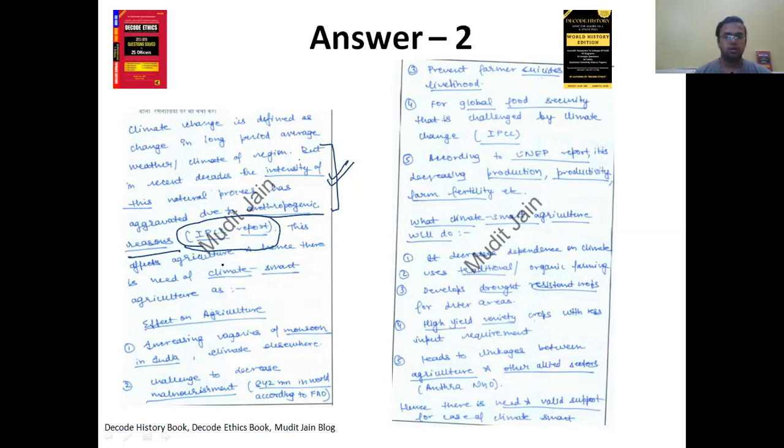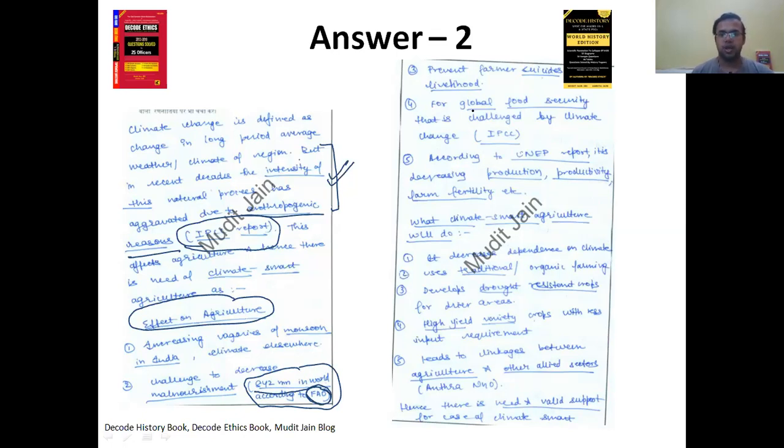So then I have mentioned the effects of climate change on agriculture. I'm mentioning facts like malnourishment. I've mentioned 842 million people in the world are malnourished, and then I've mentioned the body as well, that this is as per FAO, Food and Agriculture Organization, if I remember it correctly now.